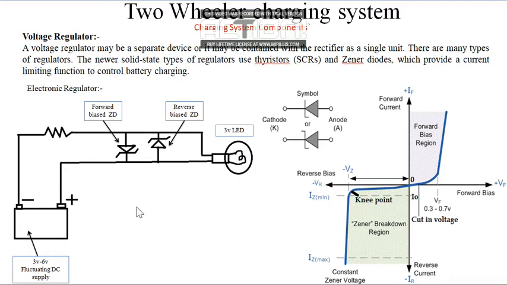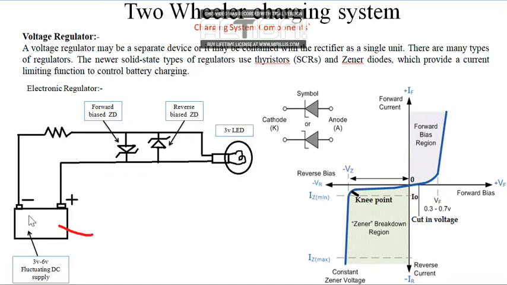For understanding purposes, I have drawn one simple circuit here. In this circuit, consider this is not a battery, it is a voltage source, or we can say a generator.